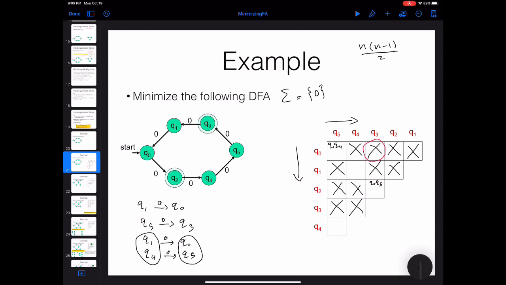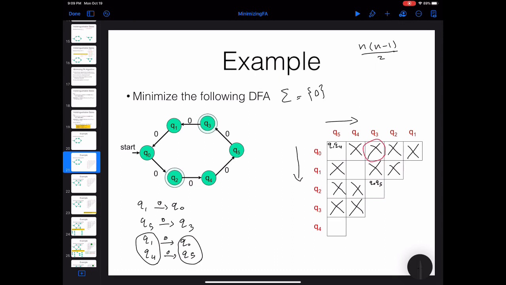Okay, so whenever I decide about Q0 and Q5, I can also decide about Q1 and Q4 as well. So now you can see that the equivalency of Q1 and Q4 is going to depend on that cell. So I'm going to leave this cell of Q1 and Q4 for now because I haven't decided about Q0 and Q5.